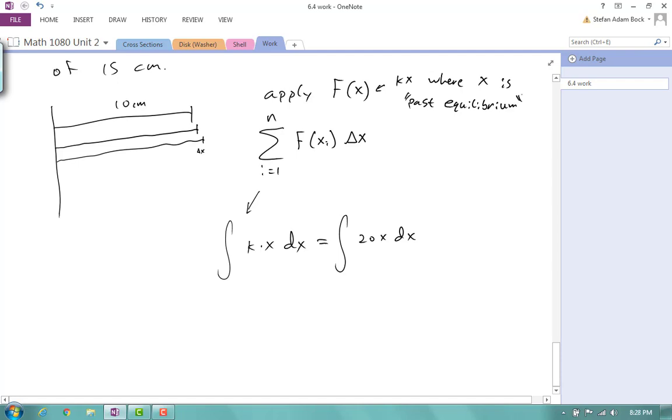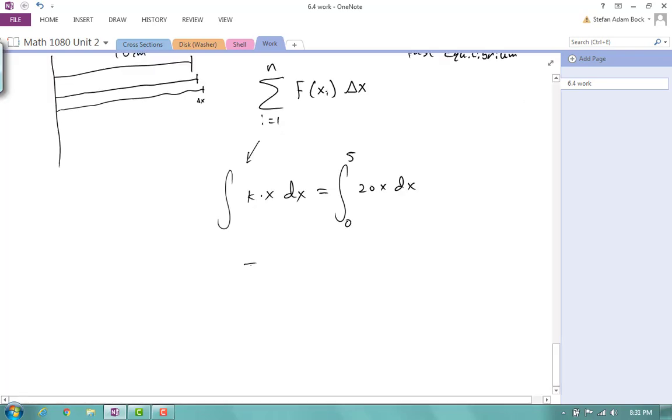So what I have to do is I have to subtract the equilibrium length from all of my positions, I suppose. So instead of going from 10 to 15, I will go from 0 to 5, because my spring will be stretched from 0 centimeters past equilibrium all the way up to 5 centimeters past equilibrium. And those are the values that I want to be able to calculate the force.